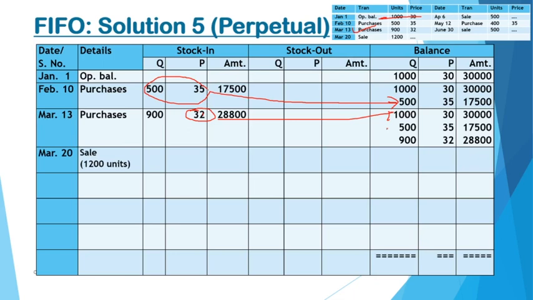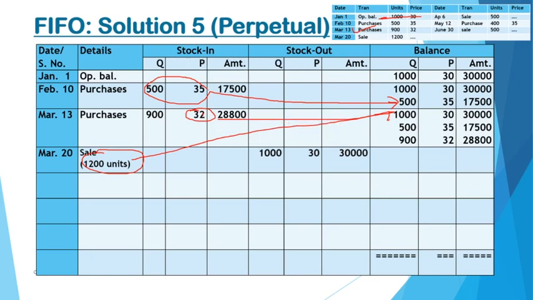Now next is the sale of 1200 units. We'll have to see how to price this sale. What is the cost of these units? Since you have 1200 units being sold here, in order to sell these units, you need to use the first lot, isn't it? First in, first out. Your first lot is of 1000 units. So out of 1200 units, 1000 units are from the first lot.